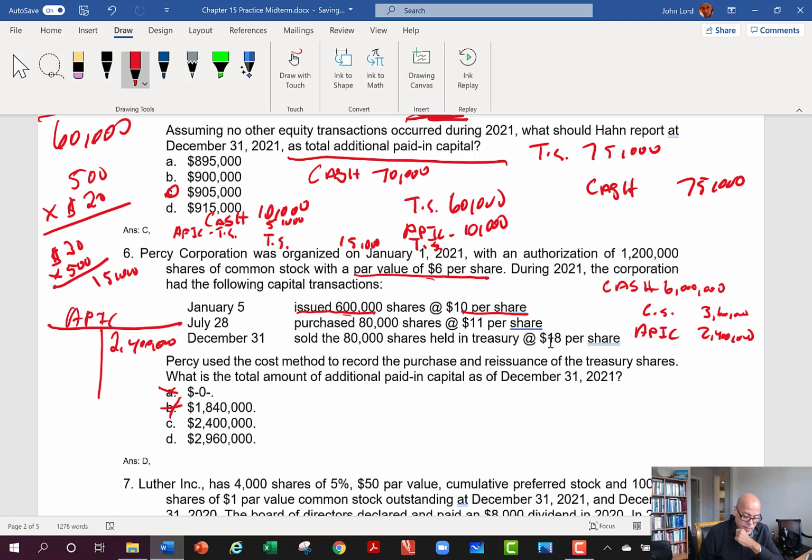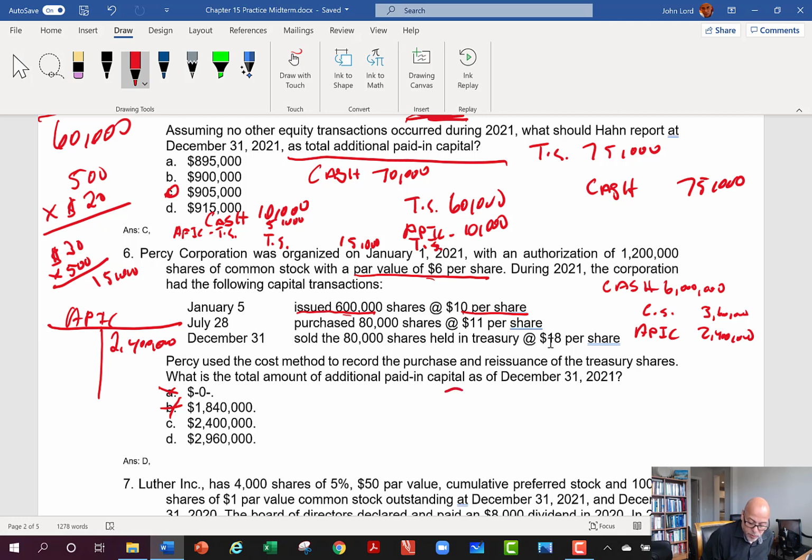Okay, but I'm saying I've got a 50-50 choice of getting this right. So I start to look down, and I see that on July 28th, they purchased 80,000 shares of treasury stock at $11. So I take the 80,000 times $11 per share, that comes out to 880,000.